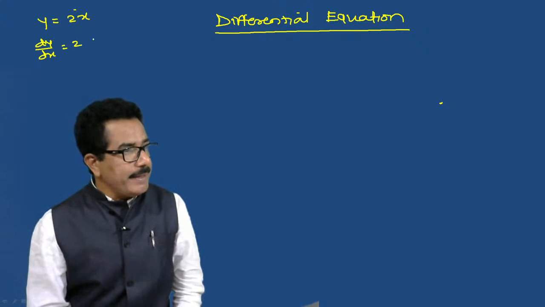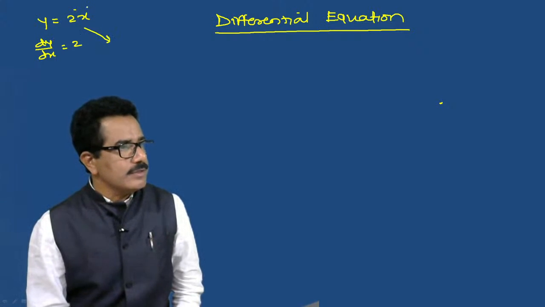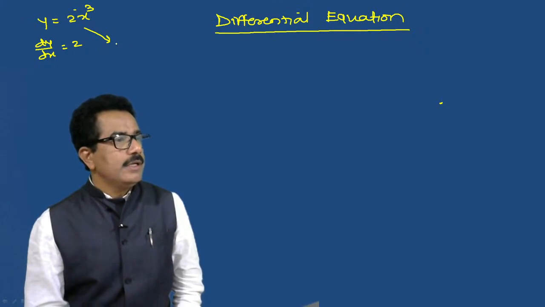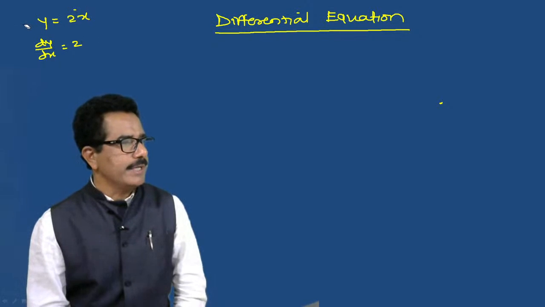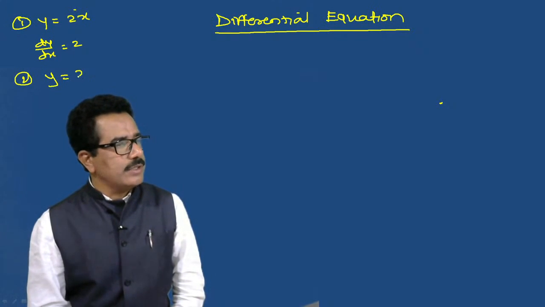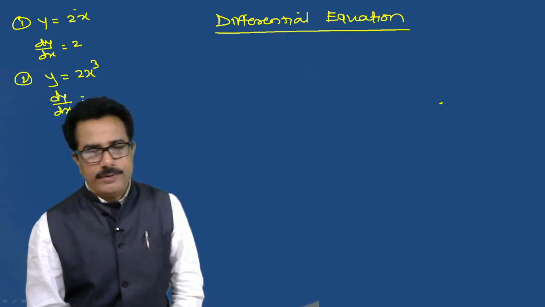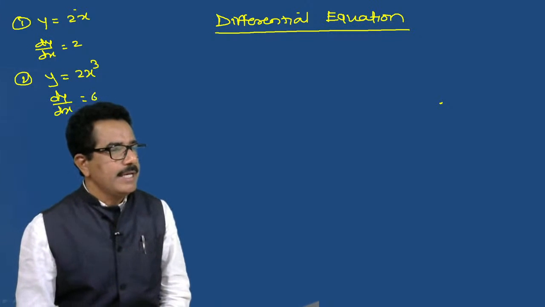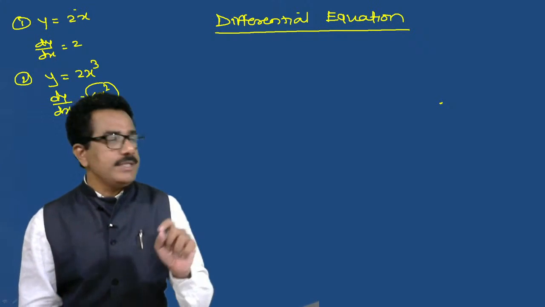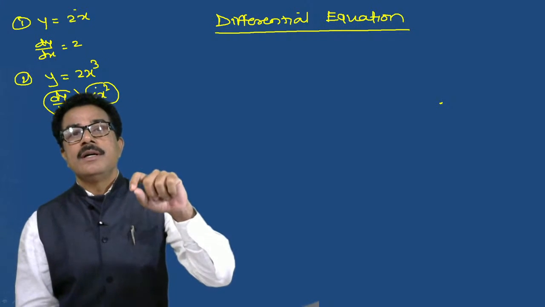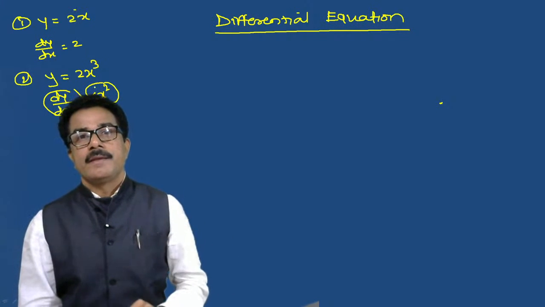But if it comes like this, suppose 2x cube, then y is equal to 2x cube, so dy by dx is represented by 6x square. This is also a function of x, meaning the derivative is also a function of x.